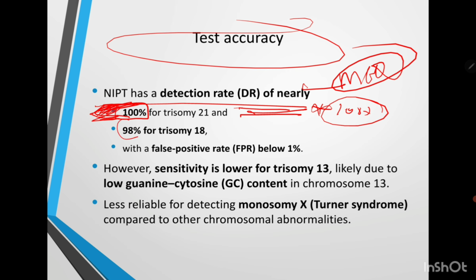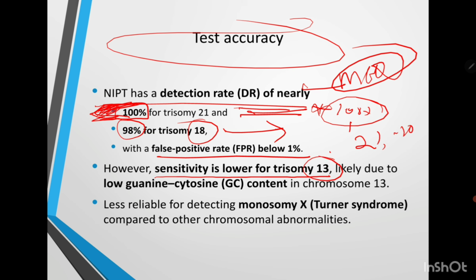Then trisomy 18, it is 98%. However, sensitivity is lowered for trisomy 13. Very very important. So remember, 21 is 100%, 18 is 98%, but if you take trisomy 13, it has very low sensitivity, likely due to low GC content in chromosome 13.